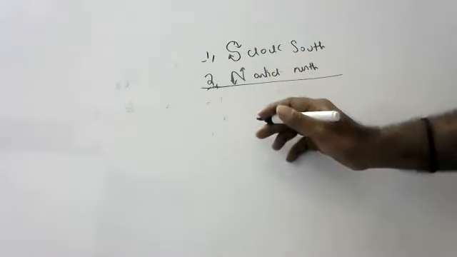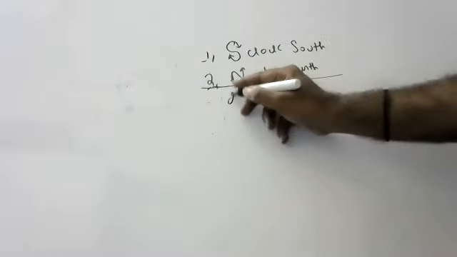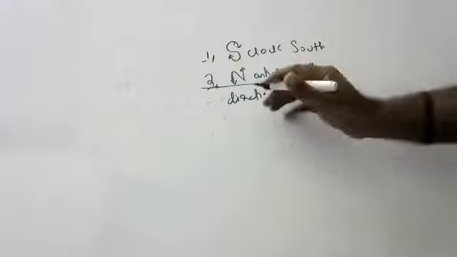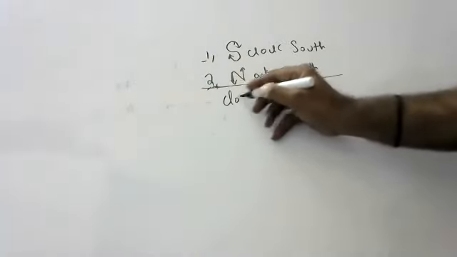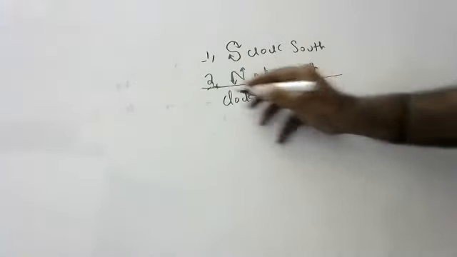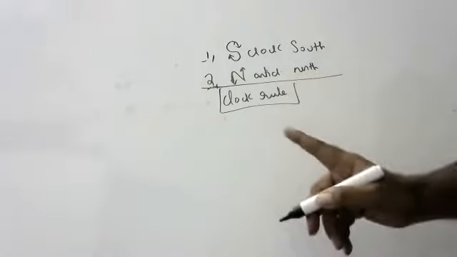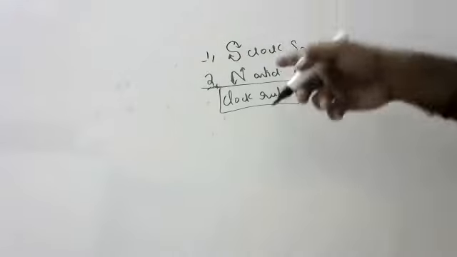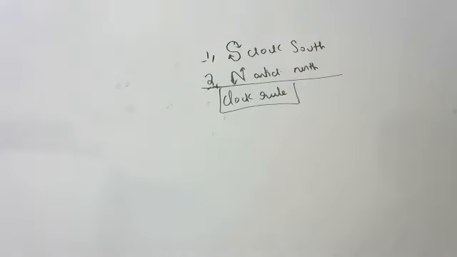What is the name of this rule? This is called the clock rule, children. Clockwise means south, anti-clockwise means north.